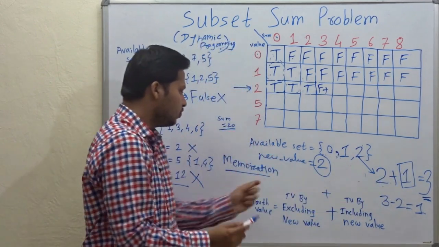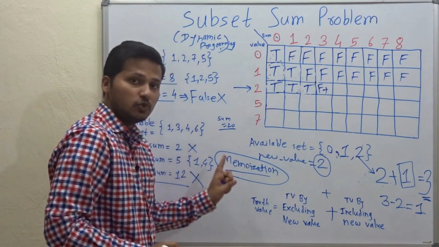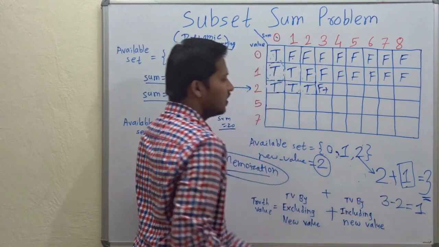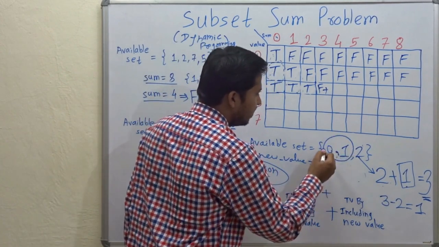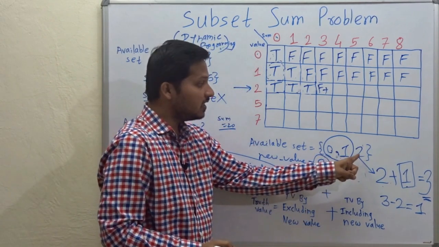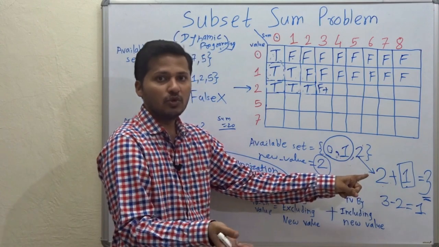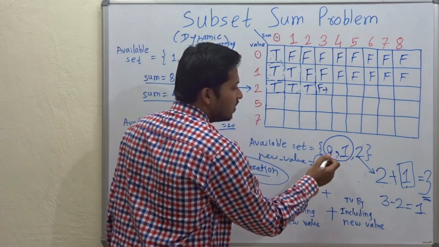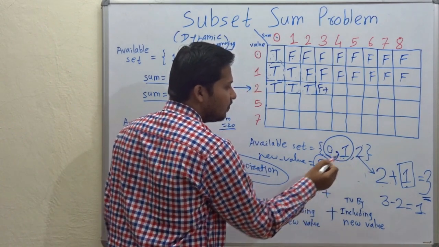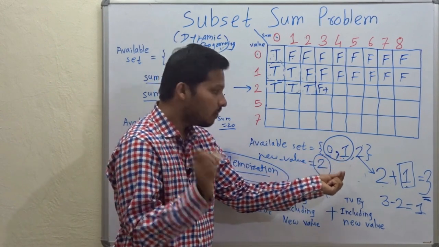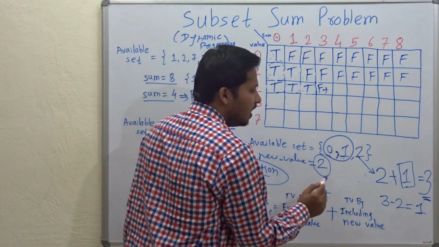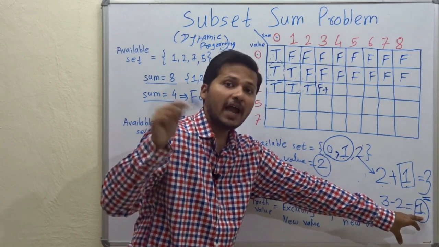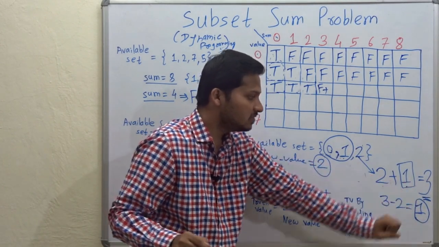You ask your memoization matrix whether you can form 1 by using 0 and 1. Because you have already used 2, you cannot use 2 again. You can use a value only one time. Now the remaining values in the set are 0 and 1. So you ask your memoization matrix, by using 0 and 1, can you form the remaining 1, to make the addition the desired total, that is 3?